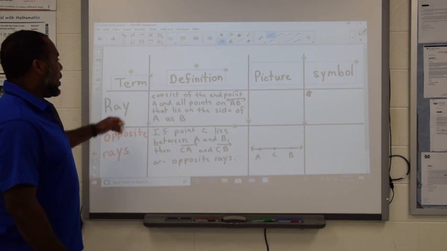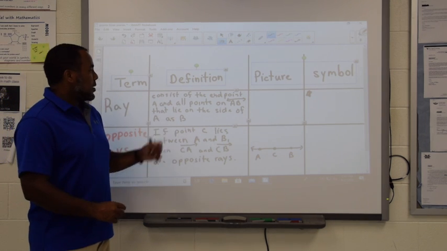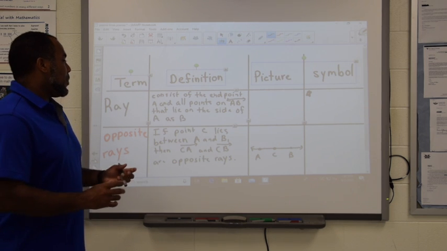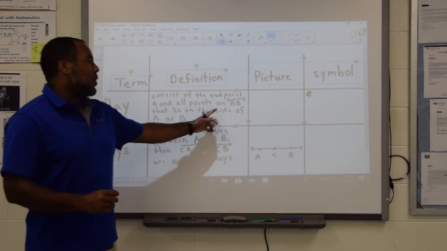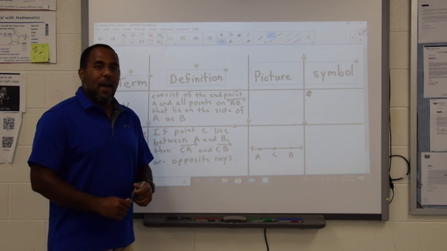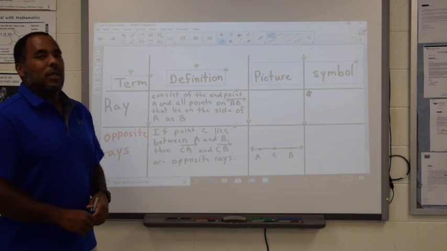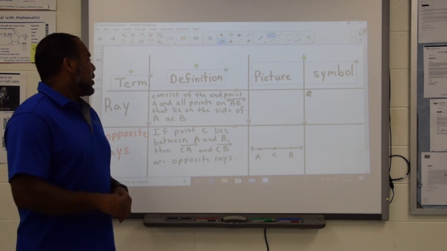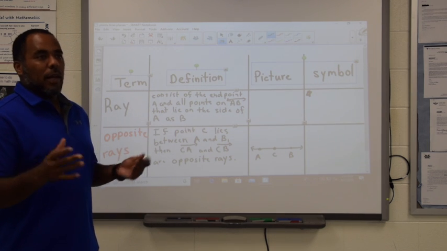Last couple here. We have a ray. It consists of the endpoint A, and all points on line AB that lie on the same side of A as B. What does all that mean? It means that it's like a ray, like a sun ray.